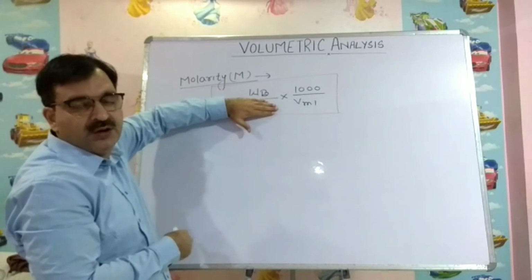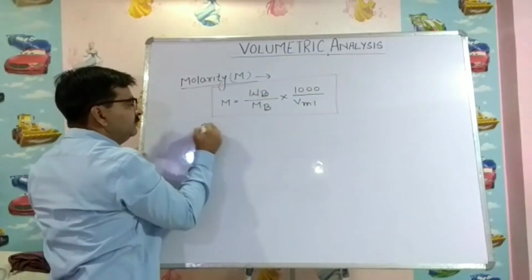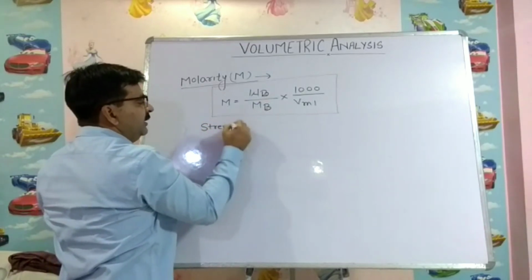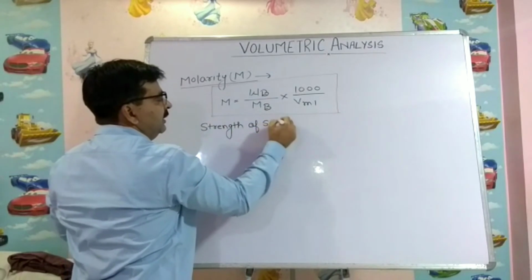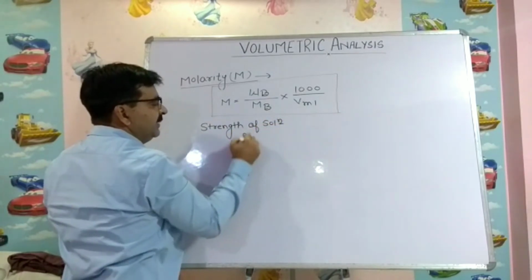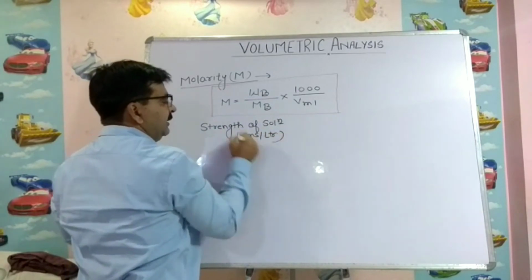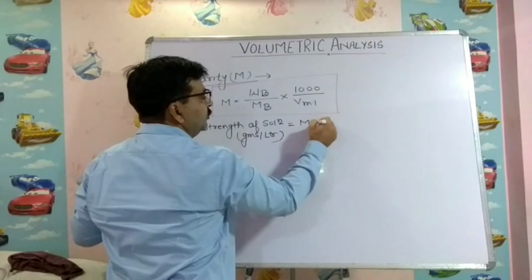If we want to represent the strength of solution in grams per liter, then it will be equivalent to molarity into molecular weight.